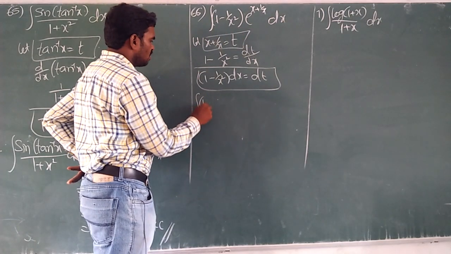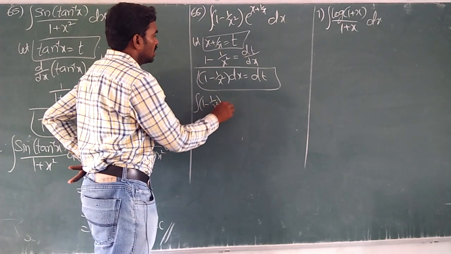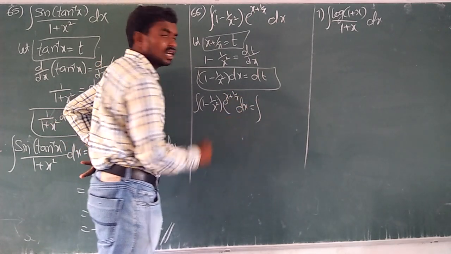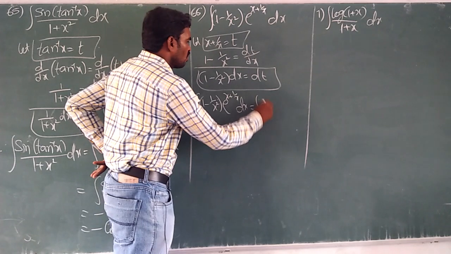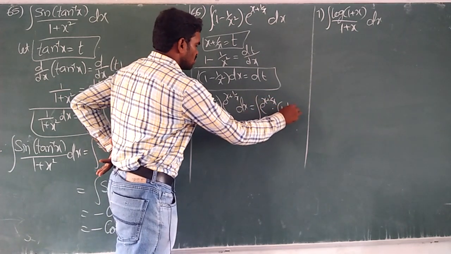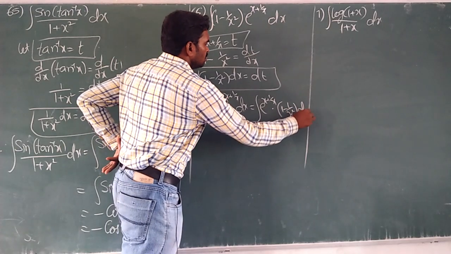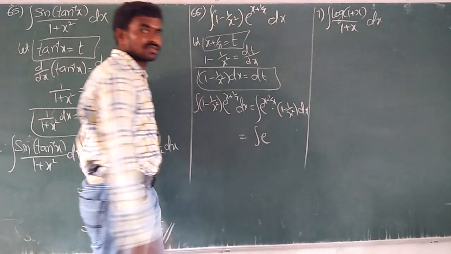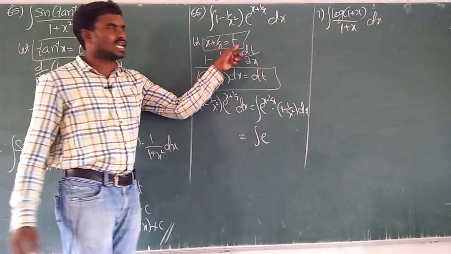What is the question? 1 minus 1 by x squared into e power x plus 1 by x dx, which we can write as e power x plus 1 by x into 1 minus 1 by x squared dx. So this is equal to integration of e power, what is x plus 1 by x? That means t.